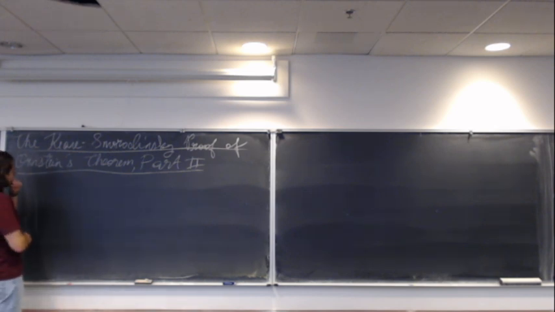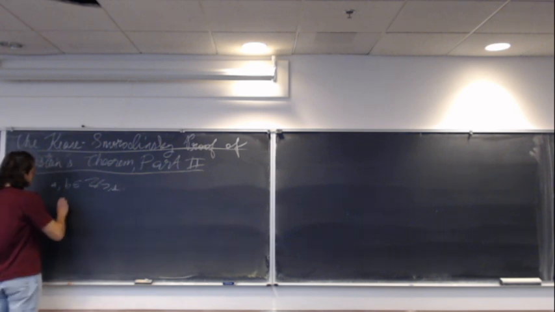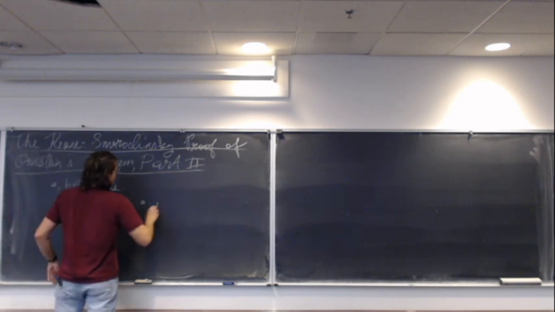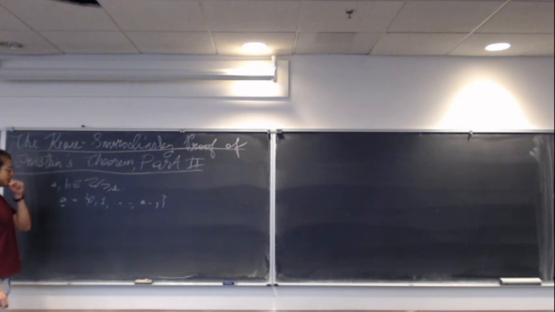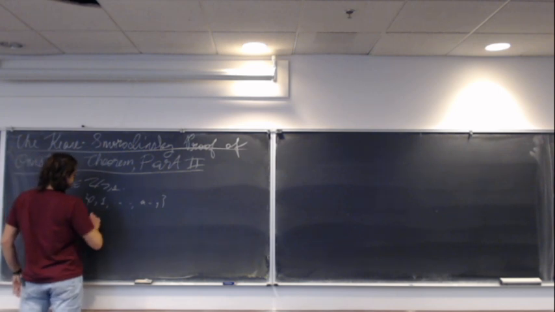So let me remind you the setup and the notation. I have A, B, positive integers, and let me use A underscore for the set with A elements from 0, and likewise for B bar.